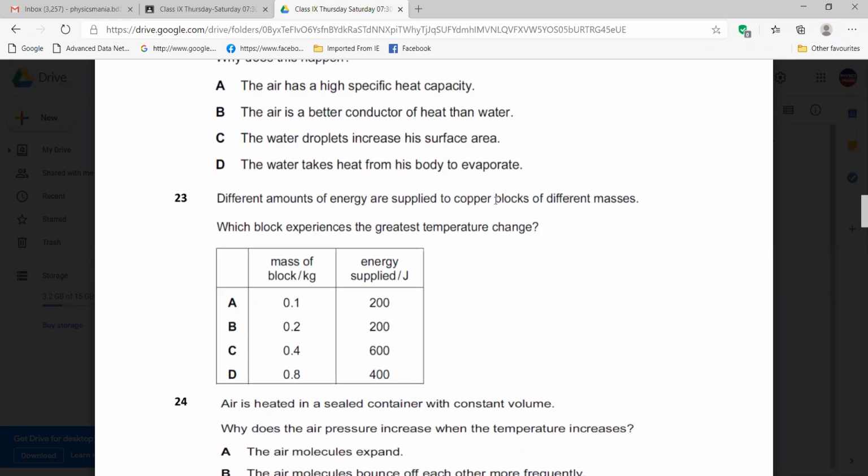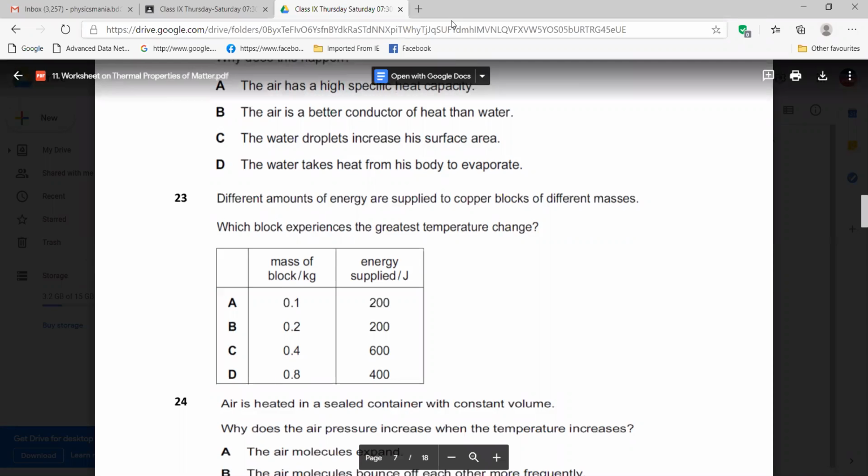If there is anything with temperature change, then we will do it with specific heat capacity, right? Yes, sir. So we will first write the formula of specific heat capacity. What is the formula? Let me check. You forgot. We did some questions on the formula of specific heat capacity.